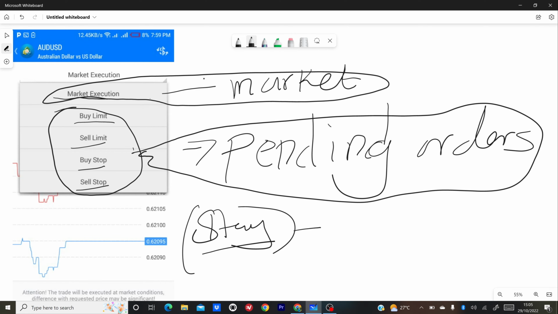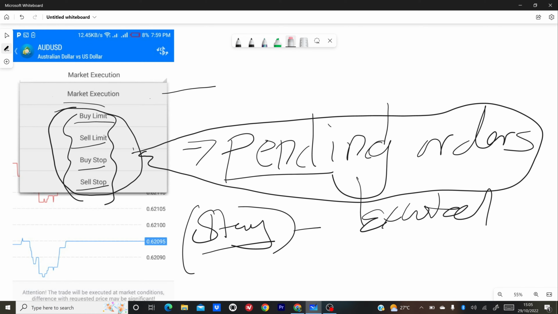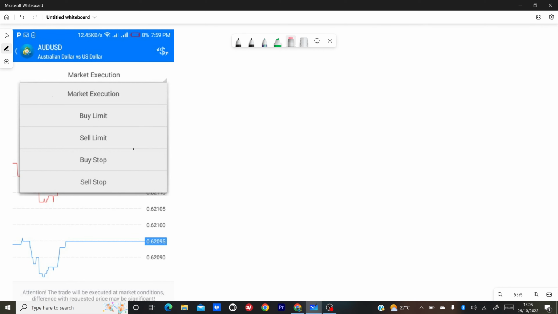Sometimes that pending order can be executed or cannot be executed, there's no guarantee. But market execution is instant and it is 100% execution, because the moment you click that, it is going to be executed instantly.